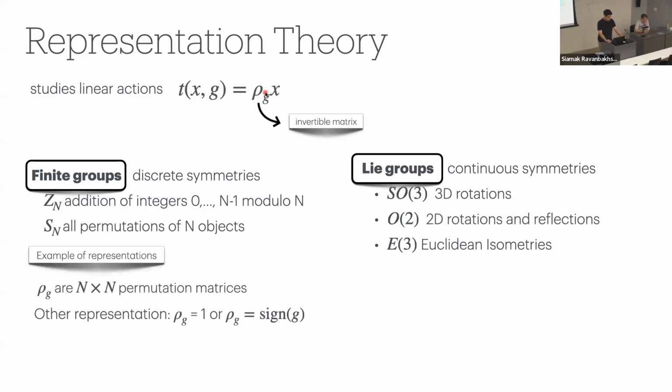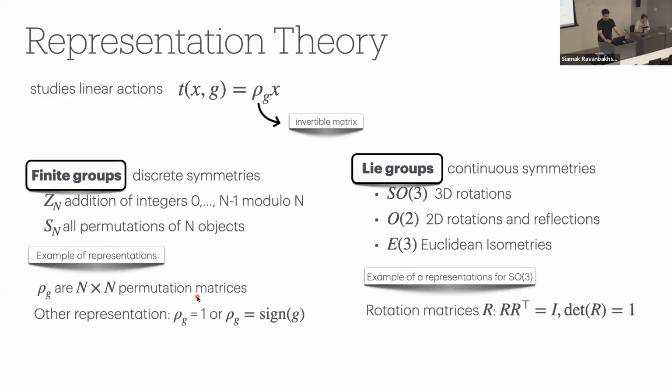And to give an example of representations corresponding to these abstract groups, you can think about an n by n permutation matrix being a representation of a permutation group. But there are other representations corresponding to the same group. It just tells us how the group is acting on that set. And as an example of a representation for SO(3) for continuous rotations, we have the rotation matrices, for example.